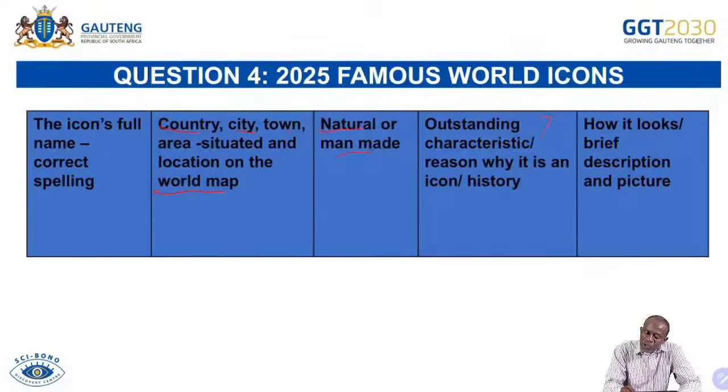You also need to know the outstanding characteristics and the reason why it has become an icon, a brief description, as well as how it looks, and the picture. So these are all the aspects that you should consider when you do icons.